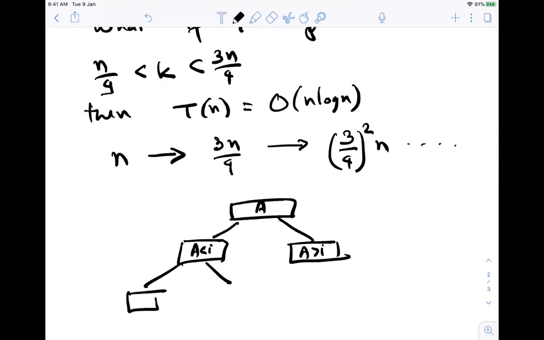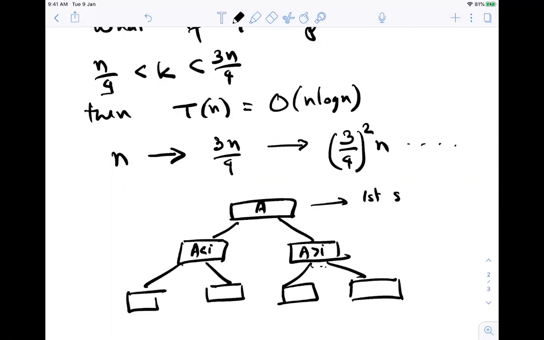The array A less than I will split into two parts, maybe related to J or something, and this will split related to K. So this is how the recursive algorithm will keep on working. This is the first step of quicksort, the first recursive step. Then you apply quicksort here, and this is the second recursive step, and so on.